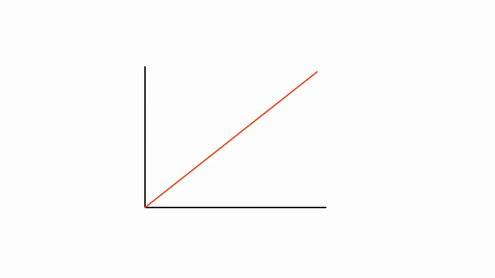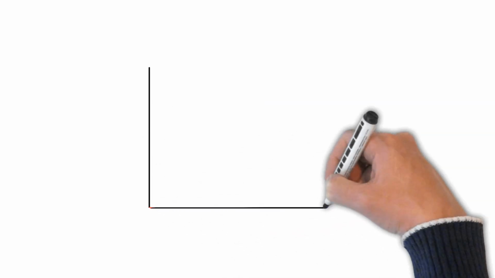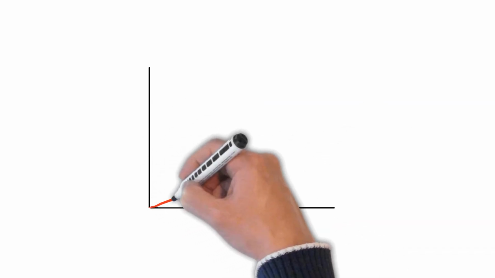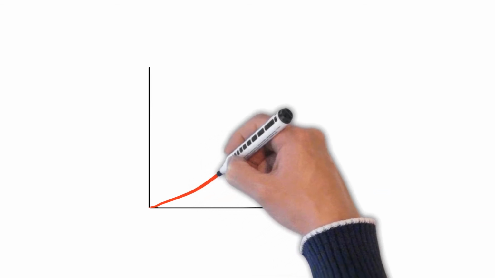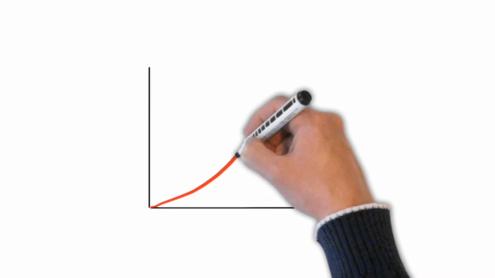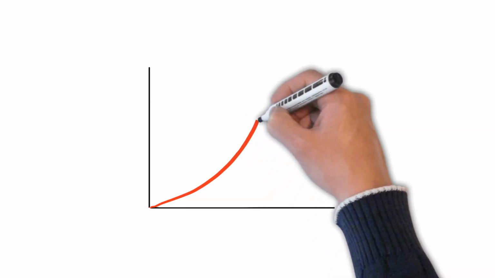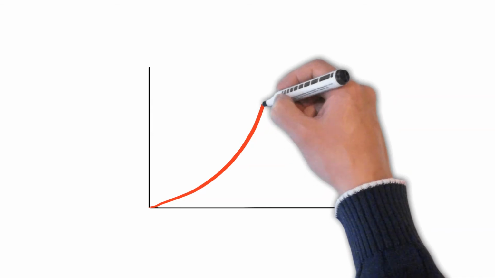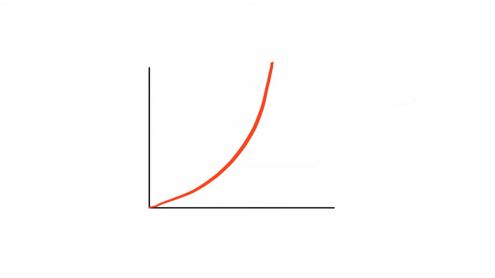Whereas here, your growth rate is something more like, because of this exponential type of growth, it's going to look something more like that, and up, up, up, up very quickly like that. So that by the time you get to a 3, it's an 8. By the time you get to a 4, it's a 16. And suddenly the growth goes way up. Exponential growth has that kind of growth on it.